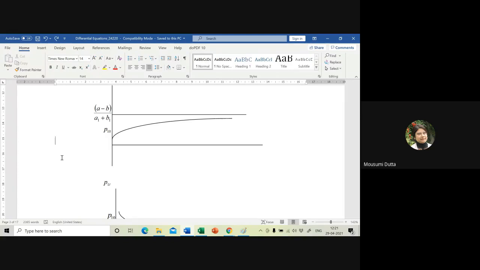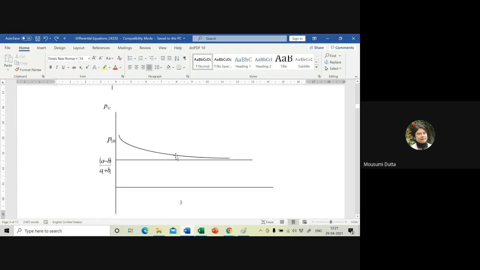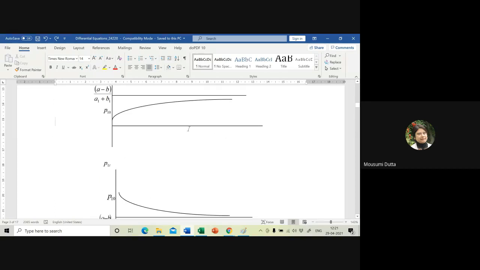The speed of adjustment will continuously fall as it is continuously converging towards equilibrium. So both the time paths are asymptotic in nature. These are merging asymptotically with the equilibrium price. Please add one more point.